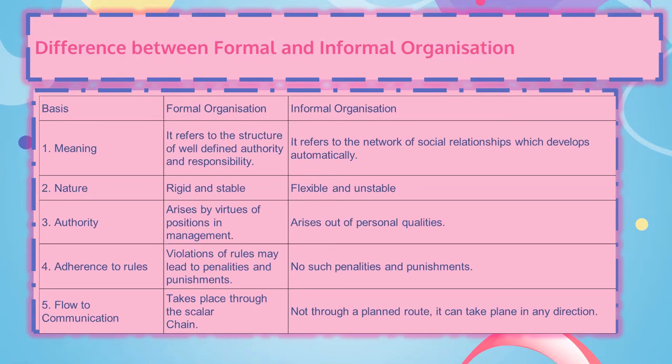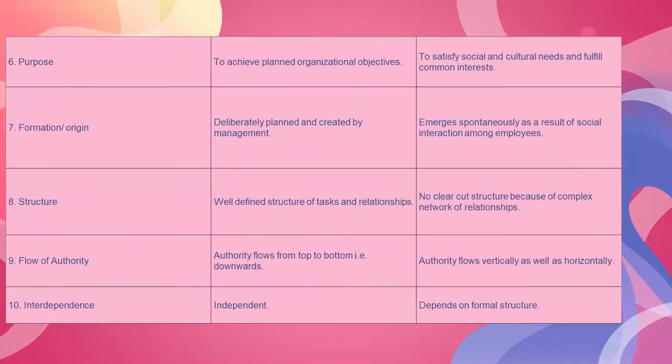There are other differences, so you can just go through this slide. In one the communication is on a scalar chain, and in the informal we communicate according to our wishes, right? So these are the differences.